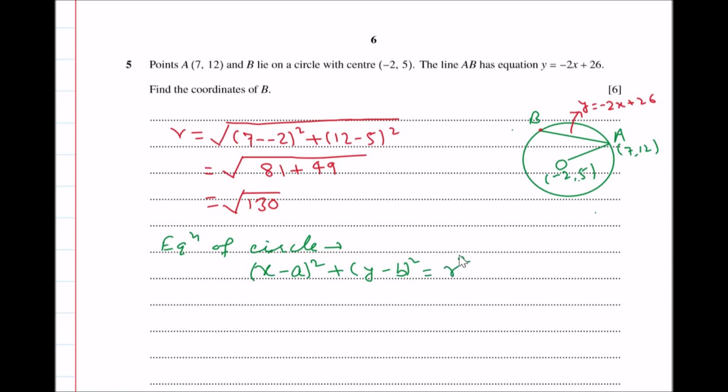So what are a and b? A and b are the coordinates of the center. A is here, b is here. Okay, so let's substitute the values.